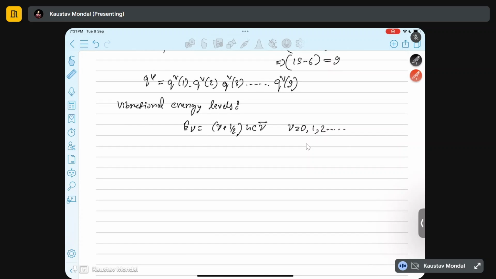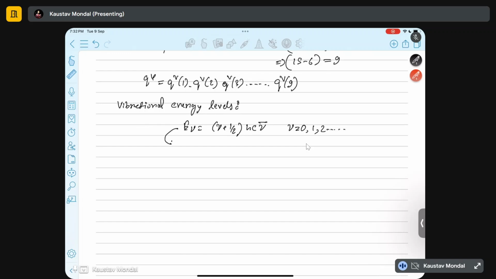Now the issue with this energy level is that at nu equal to 0 the energy is not 0, so that might pose a problem when we want to get the mathematical expression of the vibrational partition function.